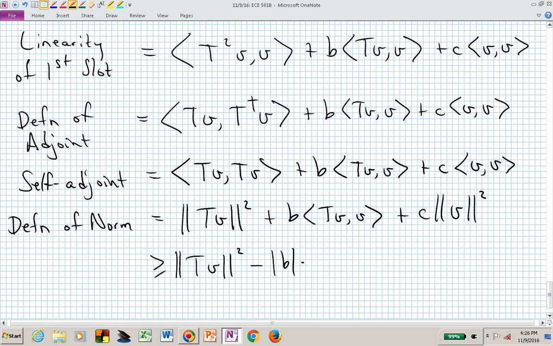But we now have B, times the norm of the vector in the first slot, times the norm of the vector in the second slot, plus C times the norm squared of V.